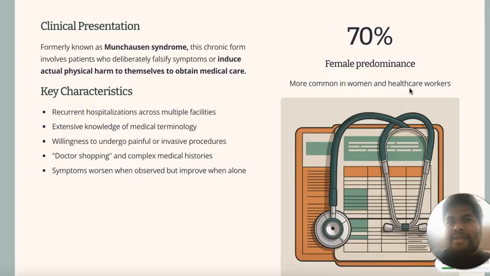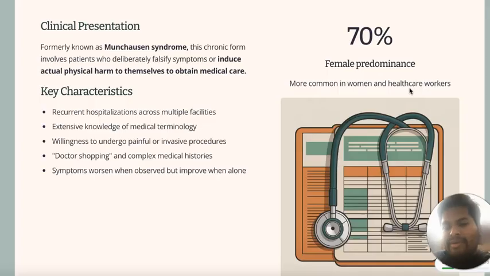A classic example is that a nurse will be there, and she comes to the hospital multiple times with the same wound on her hand. And she visits multiple doctors, and one day the doctor does the culture and sensitivity, and the doctor finds stool microbes on the wound.